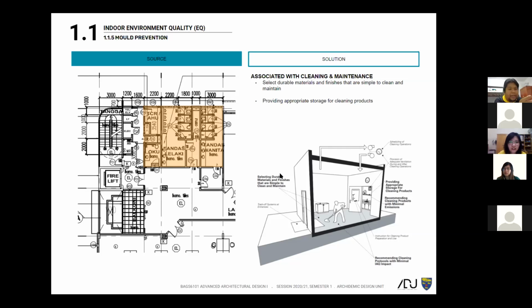Not proper as well. There are no proper rooms for cleaners right now. Okay, so can you propose a good location, or a system to handle that? Yeah. So this is my solution on how to make it right. Okay. Yeah. Next.